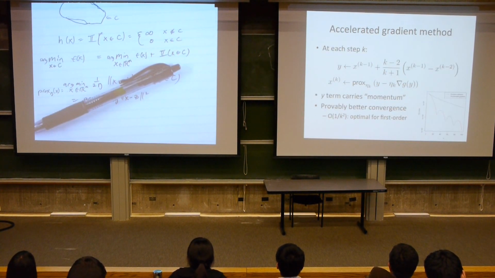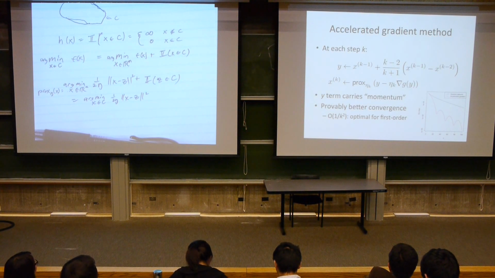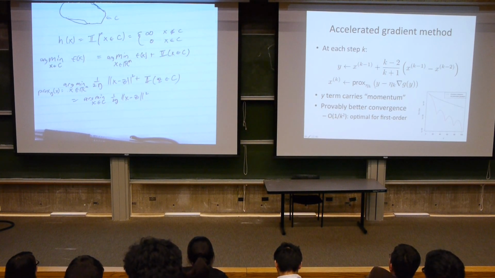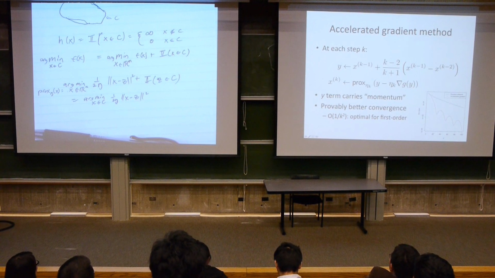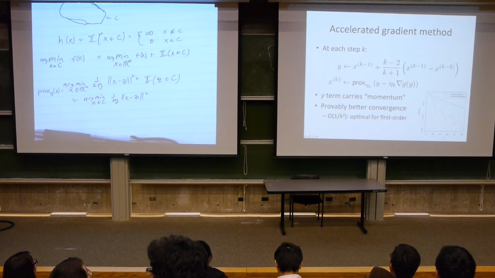Okay. Gradient descent is nice, but it's not always super fast. So we can do something called accelerated gradients, which basically, don't worry about the actual form of it here, this multiplier. But basically what we do is this is the normal gradient descent step if our old state was y, right? It's the same thing as that.